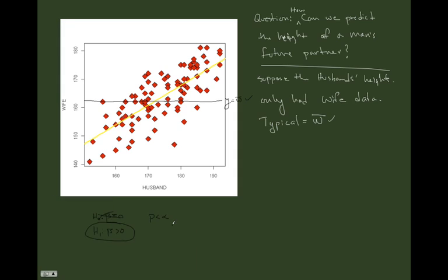Now, when we are looking at this as a single variable, just the wife data, then we need two measures. One measure is the typical, and then we also, remember, needed this measure of spread.